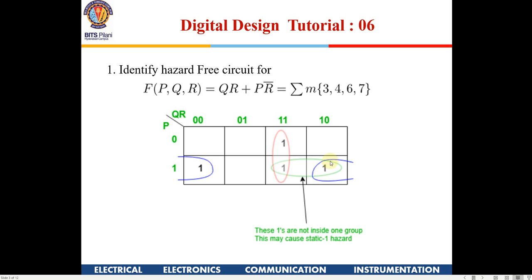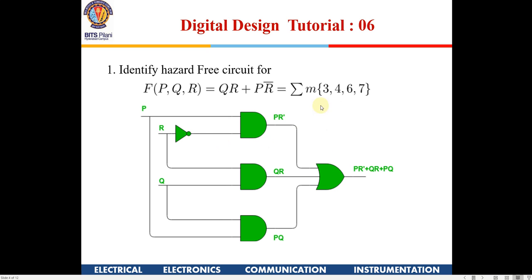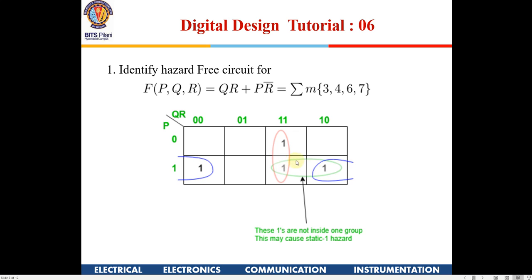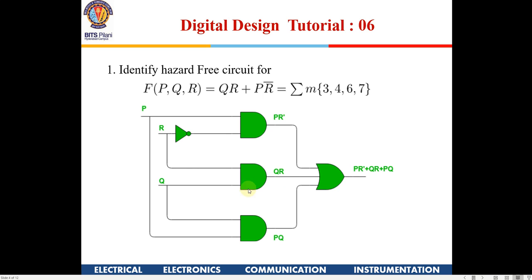After inserting this additional green box, you also have an additional gate, so this will be hazard free. The penalty we have to pay here is additional hardware. If you are trying to make a hazard free circuit for any purpose, then the penalty will be additional hardware. This is the minimized hardware, and this is the hazard free hardware where you have an additional hardware requirement.